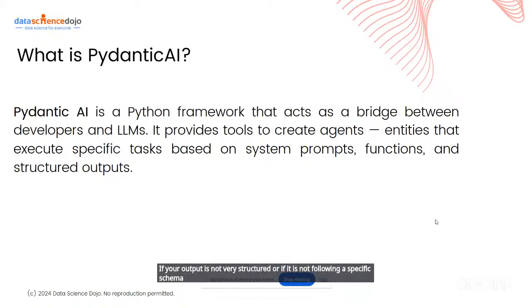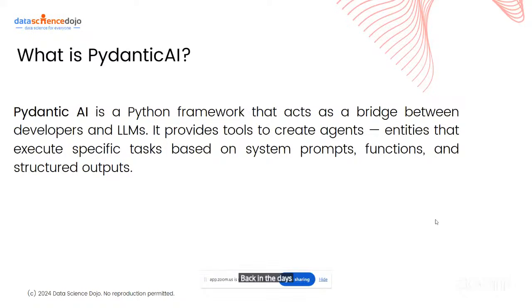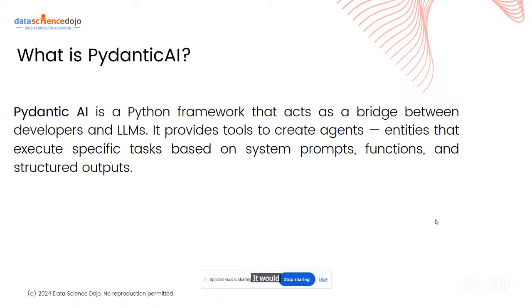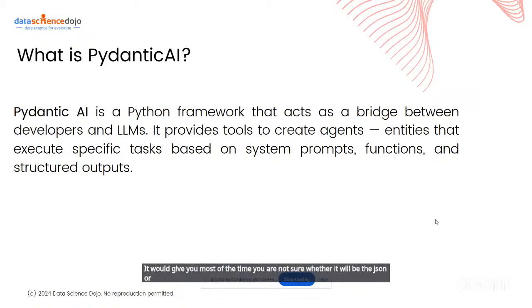Back in the days, initially, we were prompting the LLM to give a JSON, a list, or whatever the schema. Obviously, the LLM being uncertain, you were not sure whether it would give you the JSON. It would give you some schema, but that was not very strict. You could not rely on that.